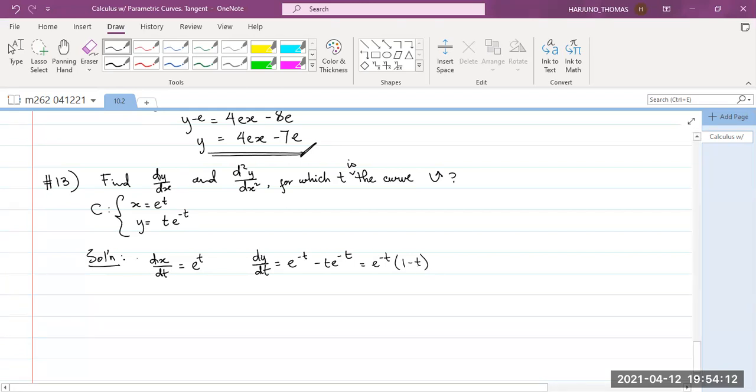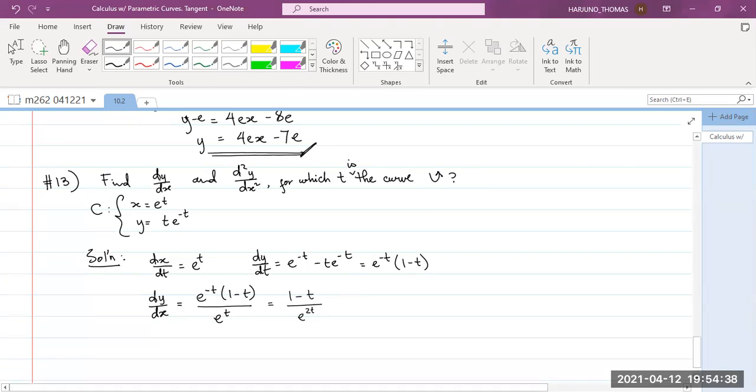Right? Okay, such that dy/dx will be e to the negative t times (1 minus t) over e to the t, which simplifies to 1 minus t over e to the 2t. Is it right? Now that's the first derivative.